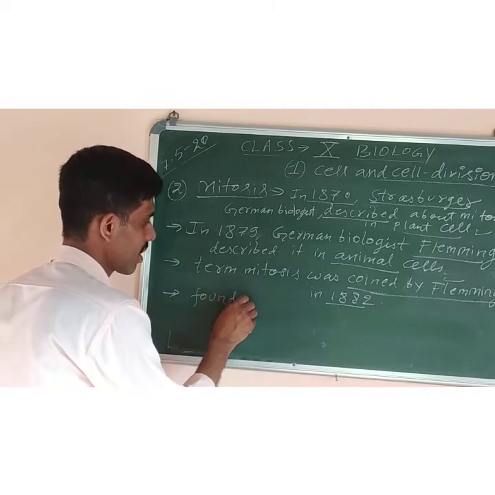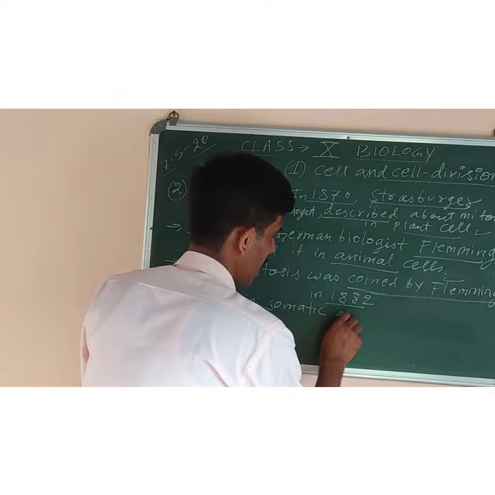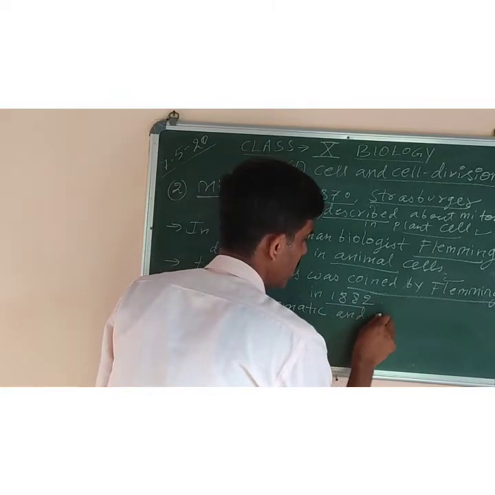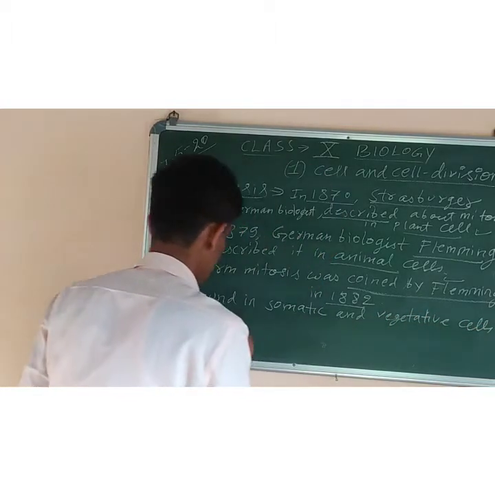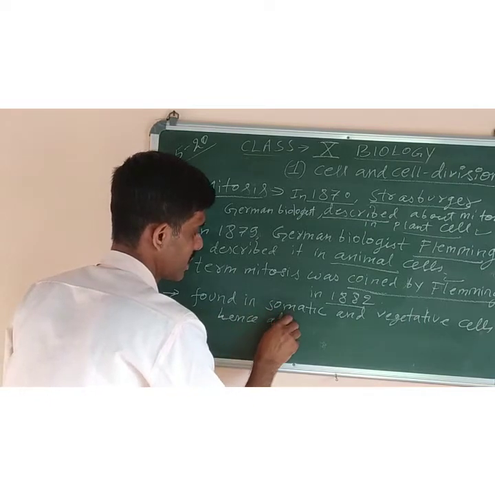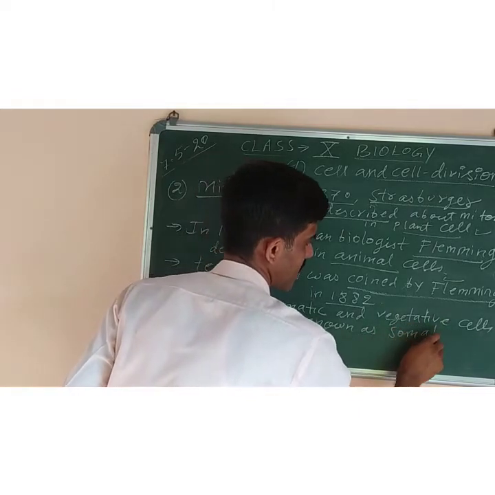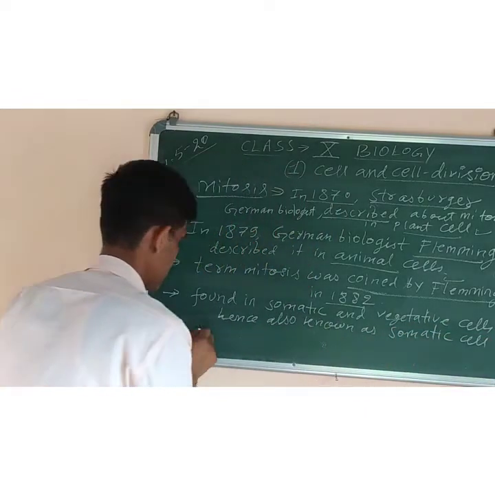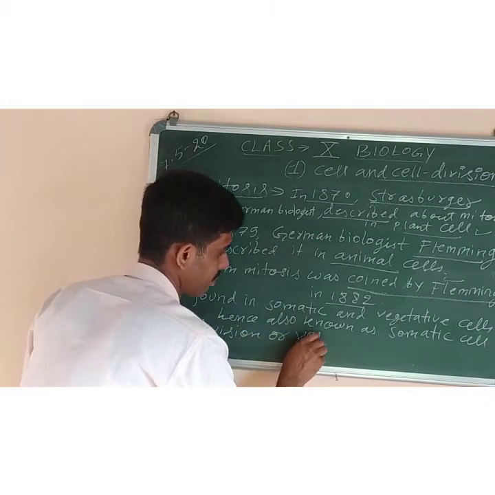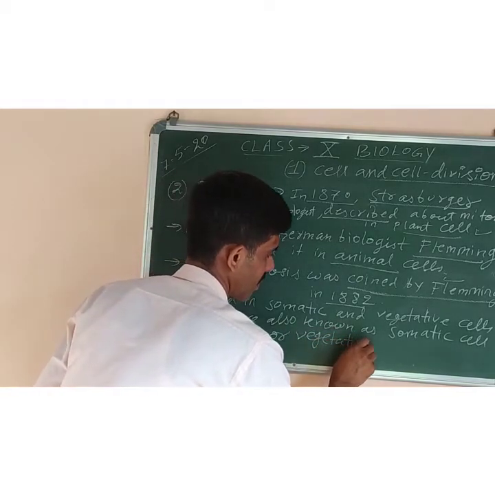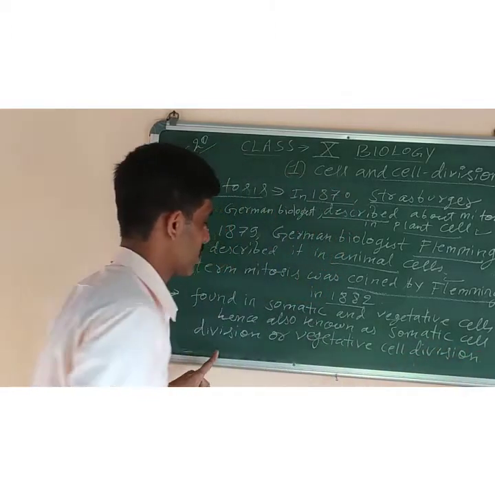This type of cell division occurs or is found in somatic or you can write vegetative cells, hence also known as somatic cell division or vegetative cell division. Okay, so what is the last point?